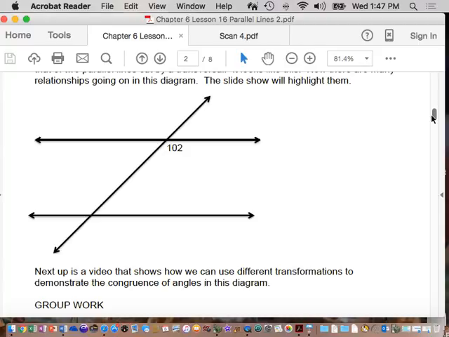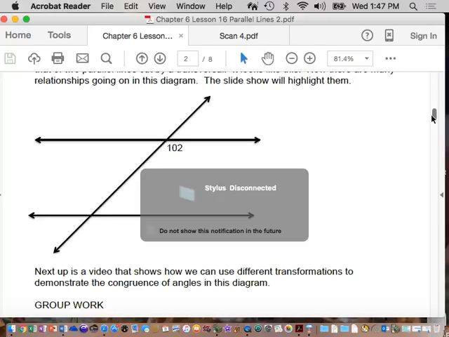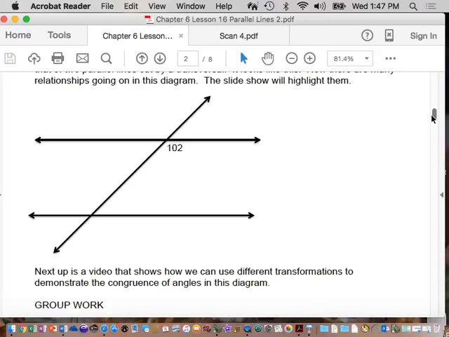Fill in all the missing values on the diagram. Remember, we're gonna do copy and paste, drag and drop.